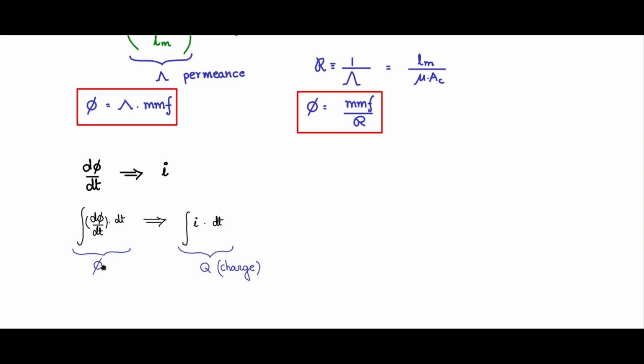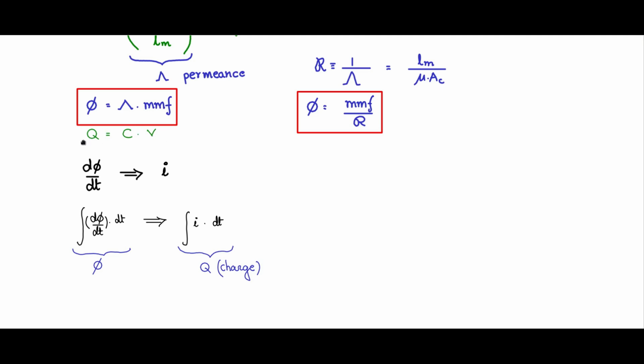So the flux phi is linked more with the charge in the electrical domain. You substitute in this equation and you see how well they fall in place. For phi, I will replace it with charge q, and permeance I will put as C, and MMF is V. Q is equal to CV.